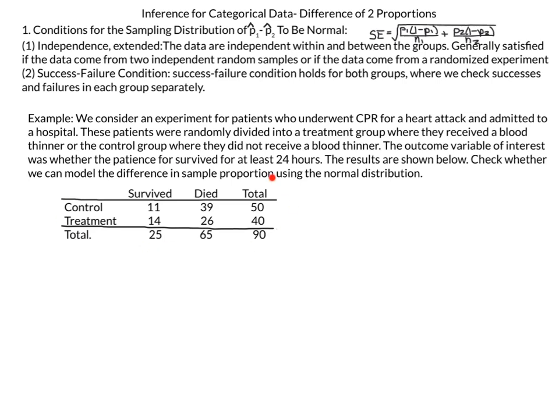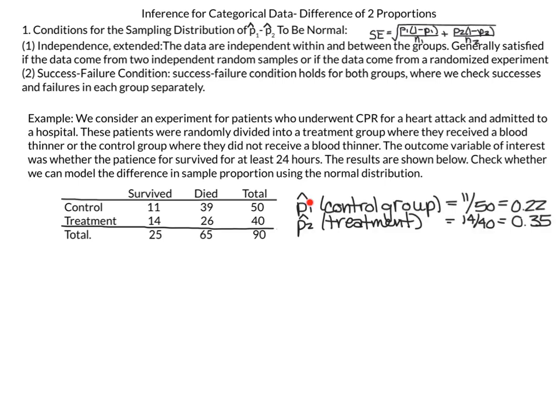So here are the results. We have the control group that did not receive the blood thinner and the treatment group that did receive the blood thinner. These are the number of people who survived, the people who died, and the totals for each of the control group, treatment group, and totals for survived and died. The first thing we want to do then is to figure out our P1 hat and our P2 hat.